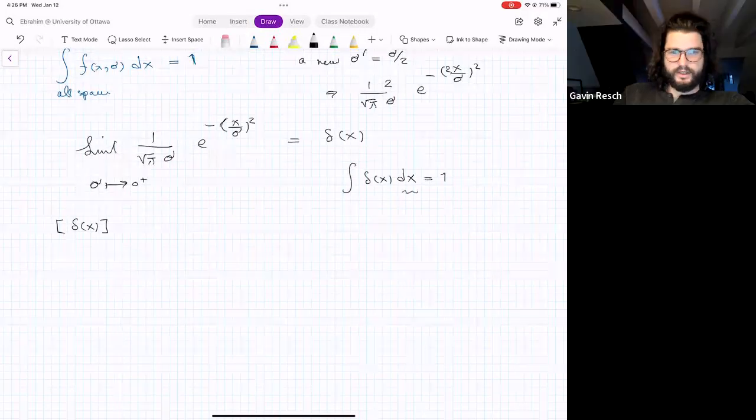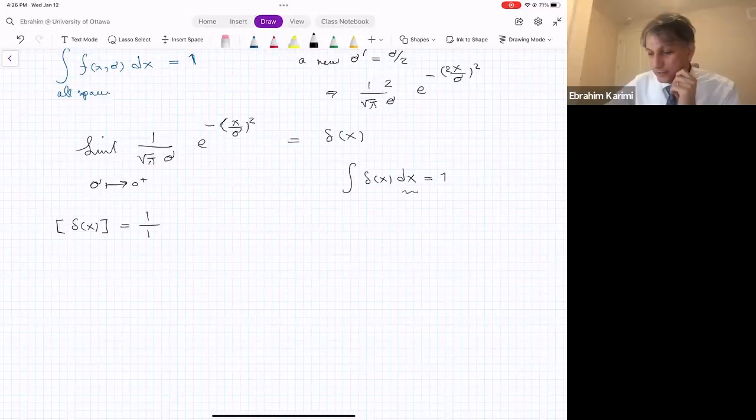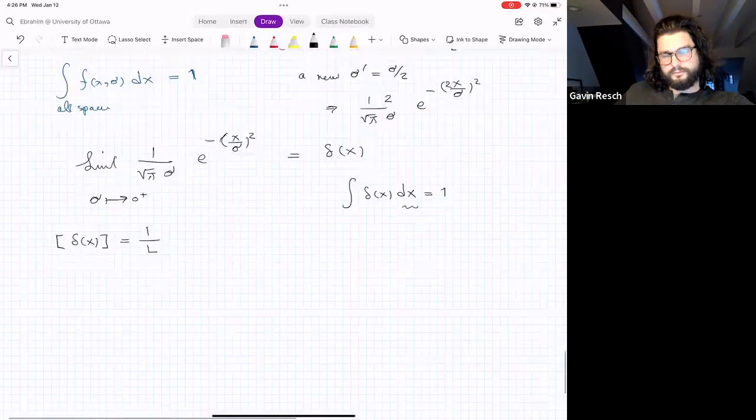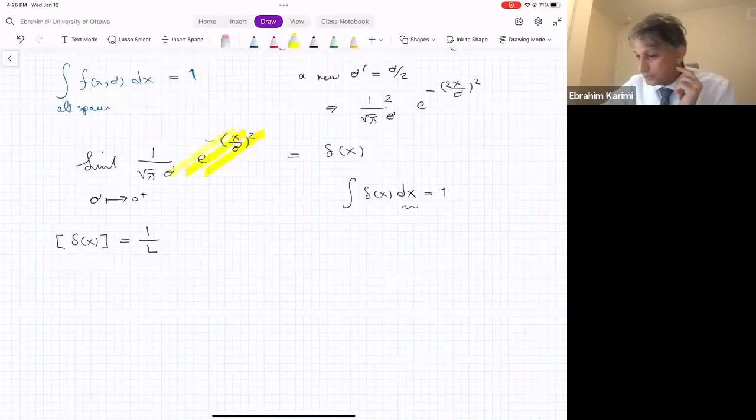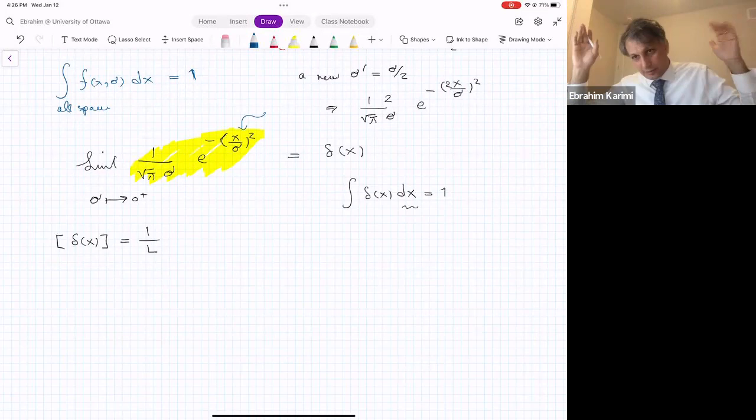Oh, yes. Meter. So that should be 1 divided by length, right? Or you can see it even from these properties, right? The argument of the exponential should be dimensionless. This is the way that we do the mathematics always.